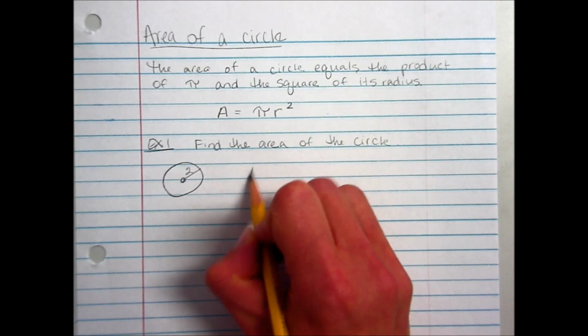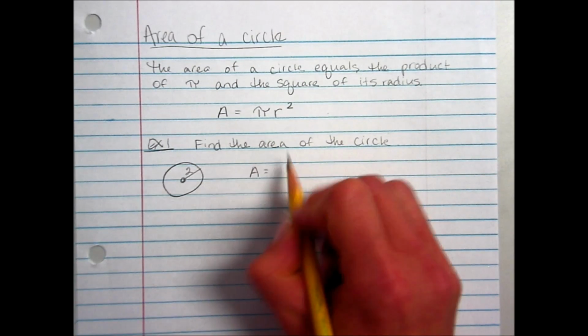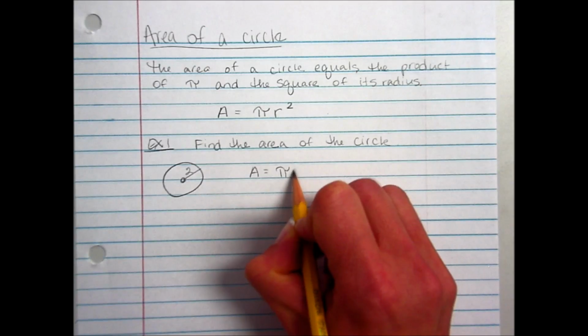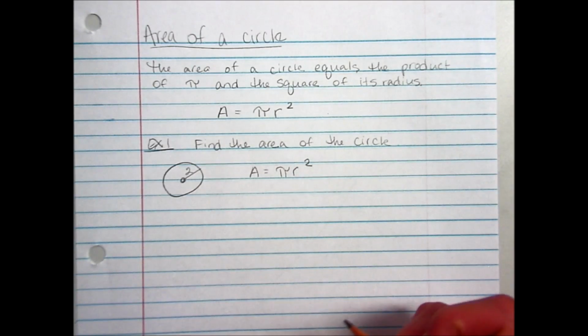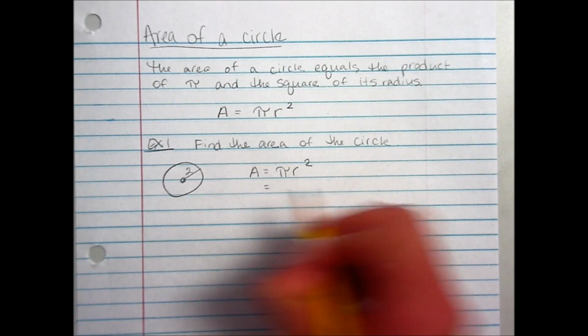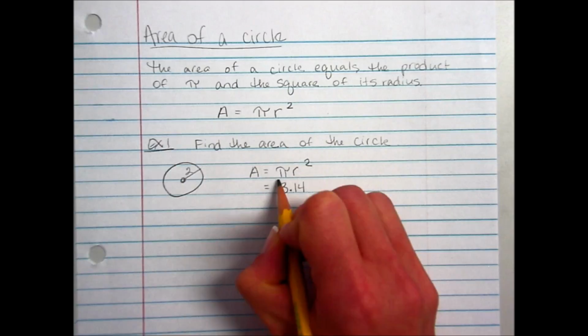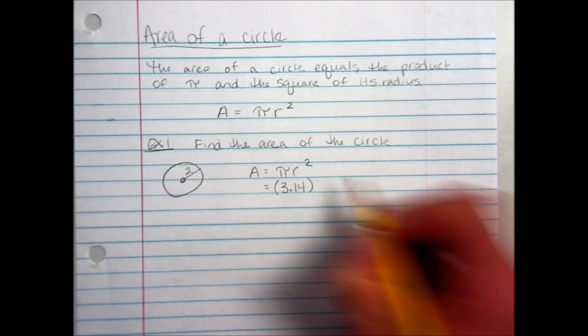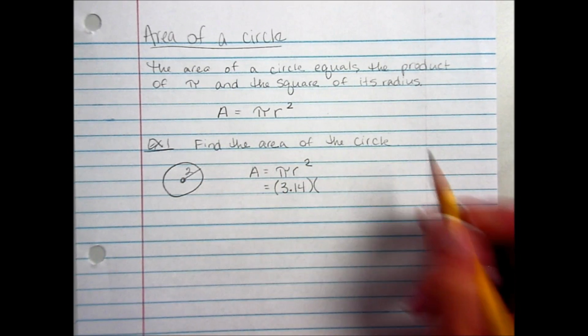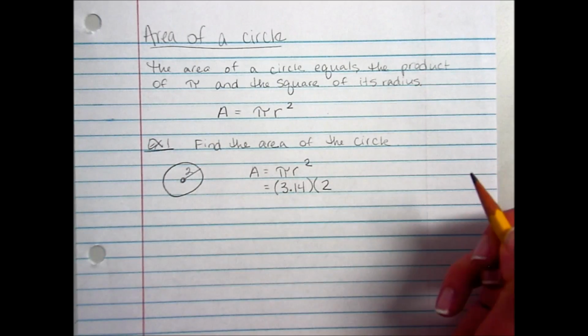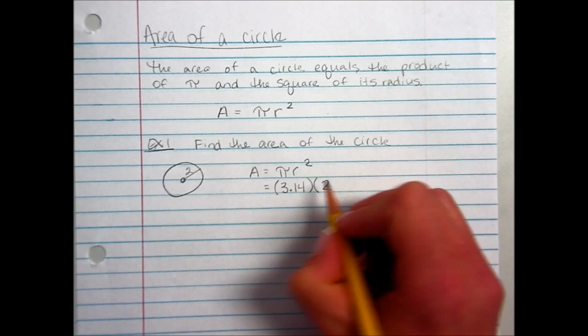So we rewrite it. Area equals pi r squared, and now it's time to plug in everything for the variable. So pi is 3.14, and we'll multiply that by the radius, which is 2, but the radius needs to be squared.